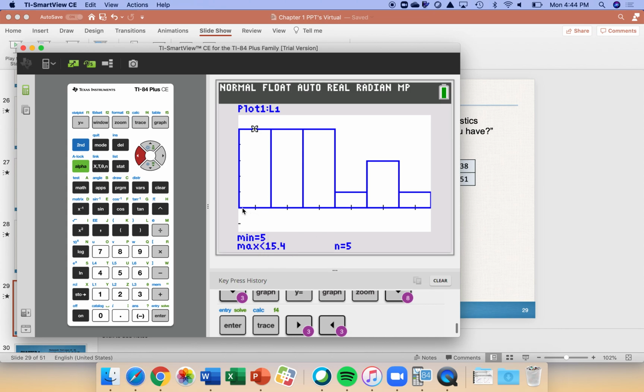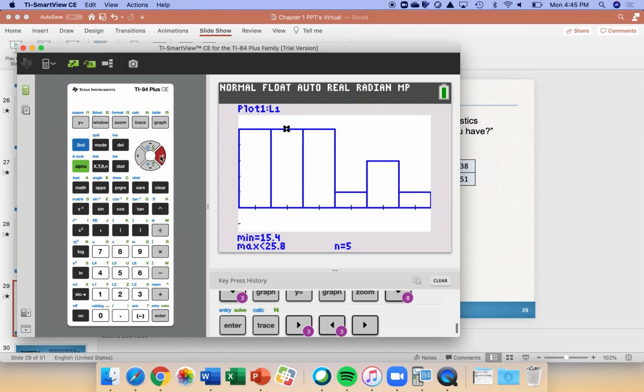So this represents the width of 5 to 15.4. This n equals 5 means that there are 5 observations in this numerical value. So again, we're talking about the number of shoes that students own. So that means that 5 students own between 5 and 15.4 shoes.